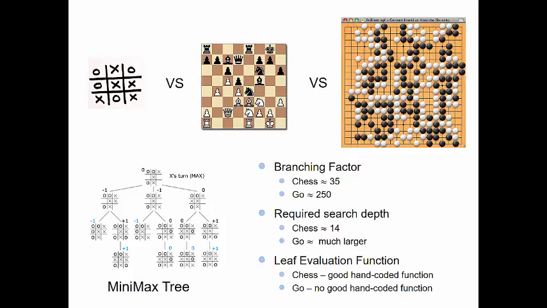There are many more moves, many more states, and you need to search much more deeply to do well. Also, as I mentioned, people did not have good luck coming up with hand-coded evaluation functions, or even learned evaluation functions, for Go. That might be partly because it's such a visual game and all the pieces are the same. So you take this position here, and if you remove this black piece, it could be a completely different evaluation.